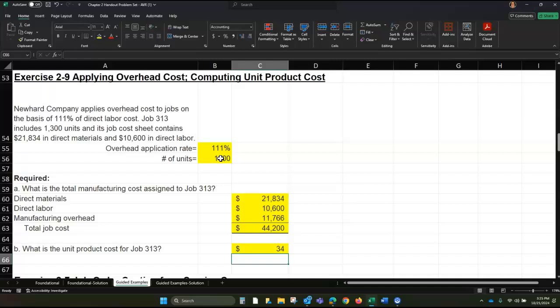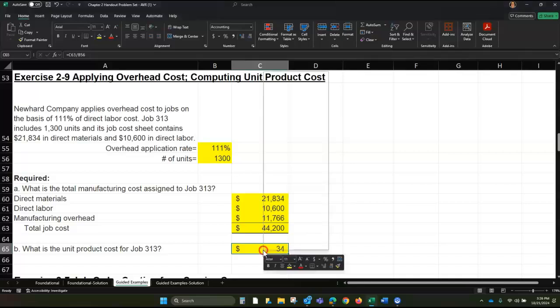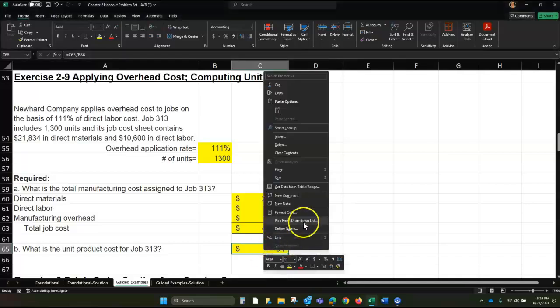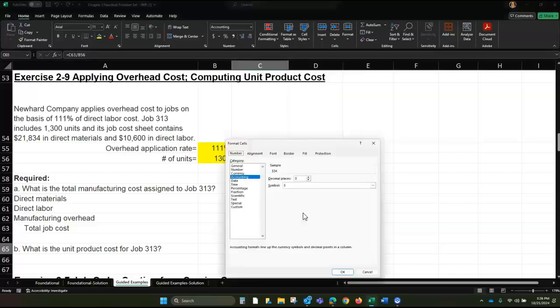How we doing? Let me show you something real quick on this one, because I try really hard to make sure that I'm formatting everything correctly so that you have exactly what you need to plug the answers into Connect. Let's say in this particular question, it wanted the unit price with 2 decimal places. If we right-click on that cell and click Format Cells, right here I've got decimal places of 0.